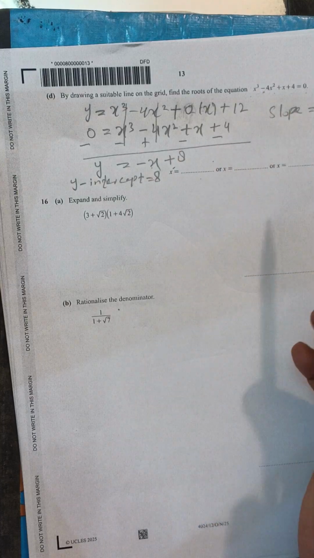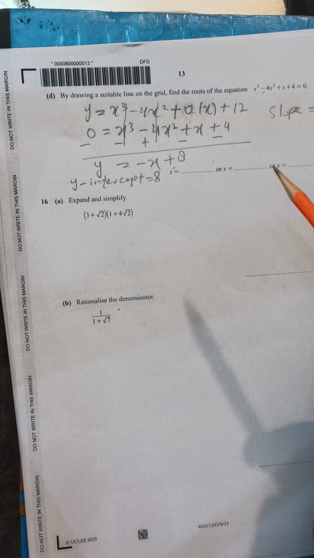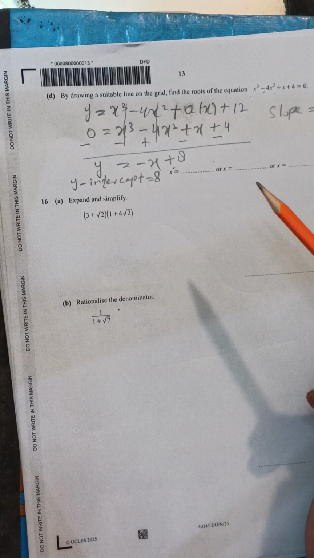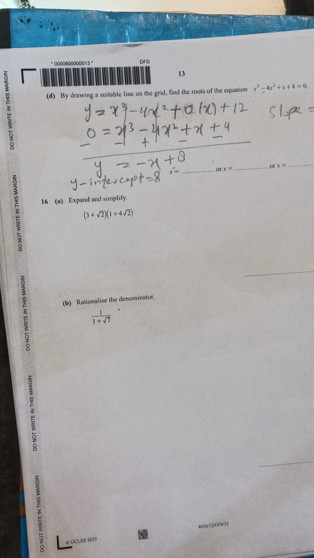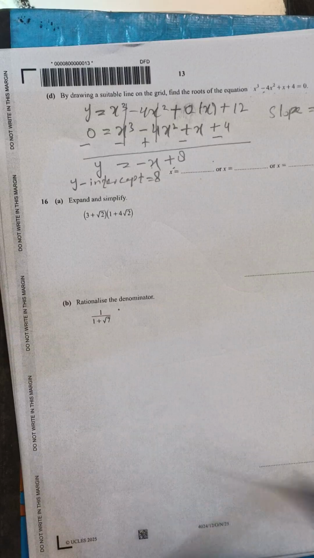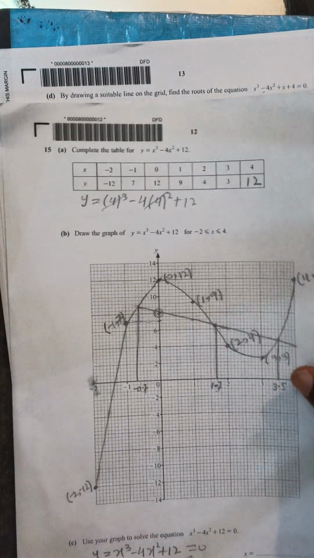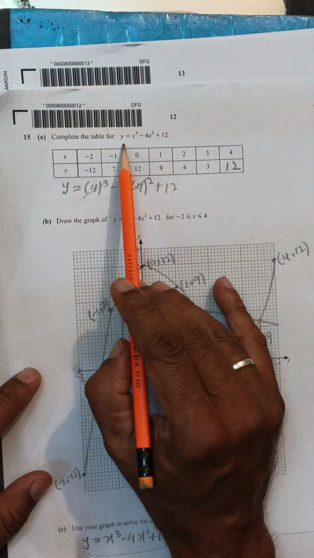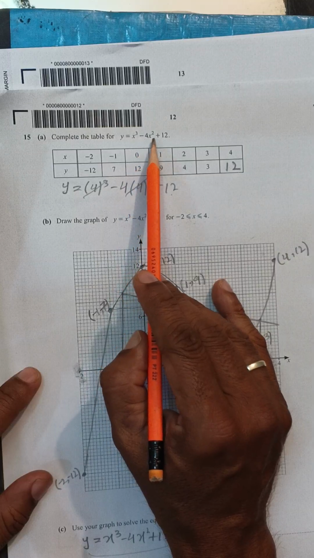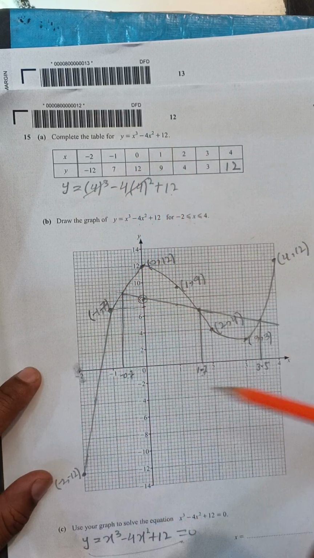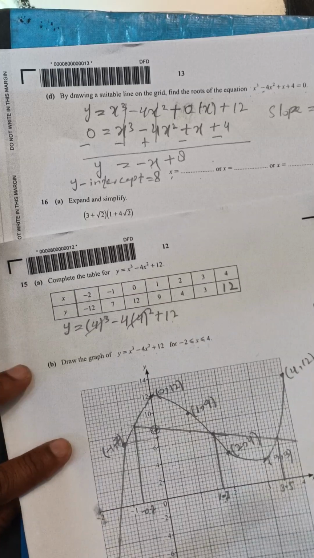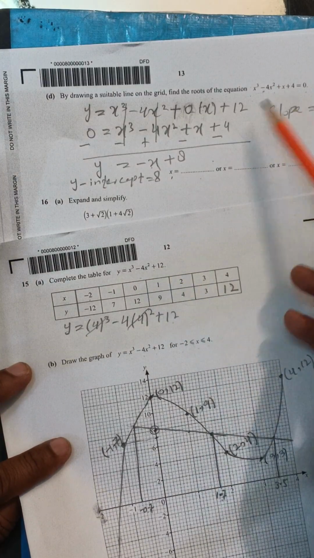Again we apply the simultaneous solutions. The previous equation was y equal to x cube minus 4x square plus 12. So we solve these two equations simultaneously and get the result.